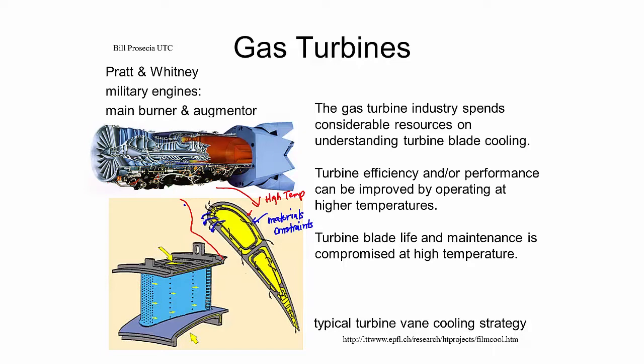This cooling strategy is something that we're going to discuss in more detail as we move forward, and it's oftentimes called a film cooling process. Industrially, this is an important issue for gas turbines, and this is what we're showing here. They talk about shower head regions and different parts of this vane where the flow comes through and creates really a cool layer, a cool sheath around the blade to protect it from this high temperature environment.